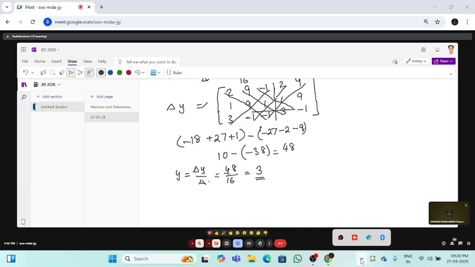Make sure that you practice more and more of these problems. Definitely there will be problems in whichever board you are in, on solving this kind of equations. So practice a few problems, and also go through the conceptual questions.